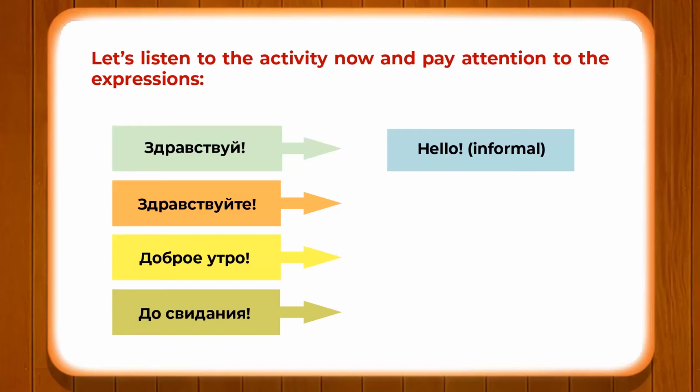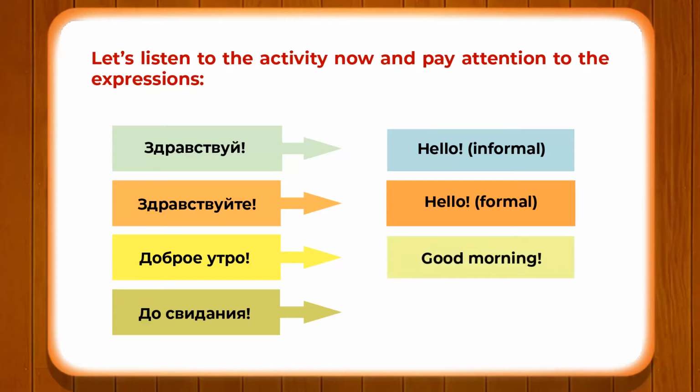It is often used in formal settings. However, when friends meet, they can also use здравствуй. It is more of a casual greeting, like привет. Доброе утро is only for good morning, and До свидания we say when we are saying goodbye. Okay, now let's go ahead.